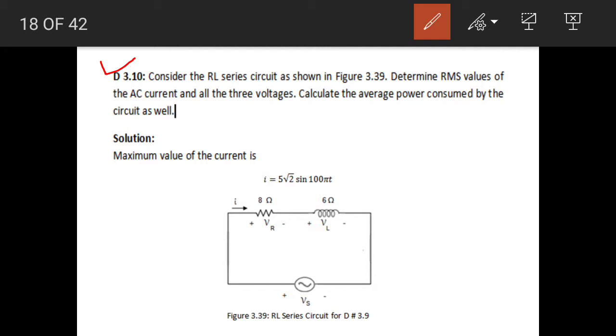So this is the same circuit which we have already considered in example number 3.9. Now we are going to calculate the RMS value of the AC voltage across the resistor, the RMS value of the voltage across the inductor, and the RMS value of the voltage across the source, and the RMS value of the current in this particular circuit.